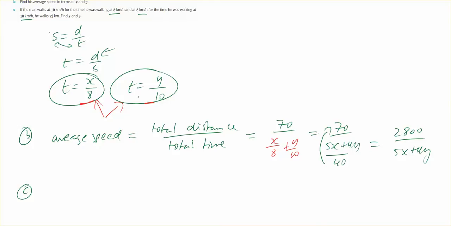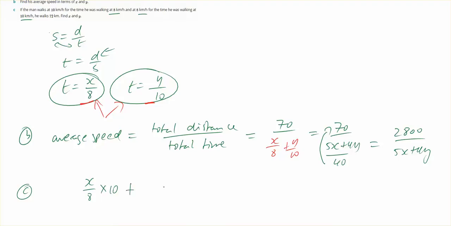So originally we know that for the 8 kilometer per hour length, the time he took was x on 8. But he's actually walking at 10 kilometers per hour now.